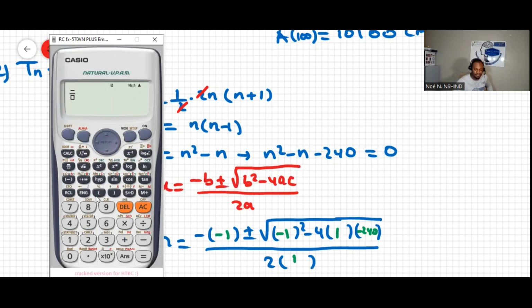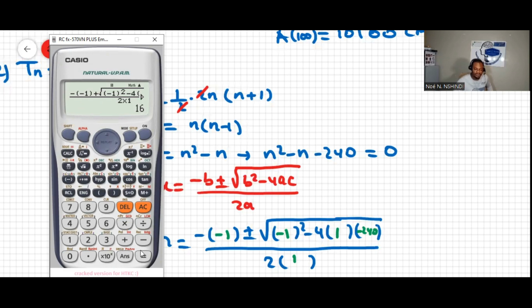Negative, open bracket, minus 1, close, plus the square root of minus 1 to the power of 2, minus 4 times a, which is 1, and then c is negative 240, over 2a, 2 multiplied by 1.